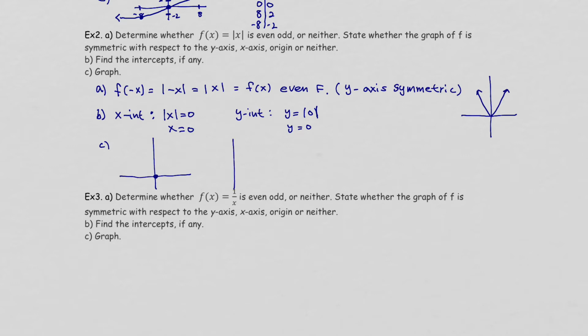So then maybe we can find another point. Maybe I will let x equal 2. Then y equals 2. If I let x equal negative 2, y will be positive 2, right? Because the absolute value of negative 2 is 2. The absolute value of positive 2 is 2, right? So for positive 2, y is 2, and for negative 2, y will be positive 2.